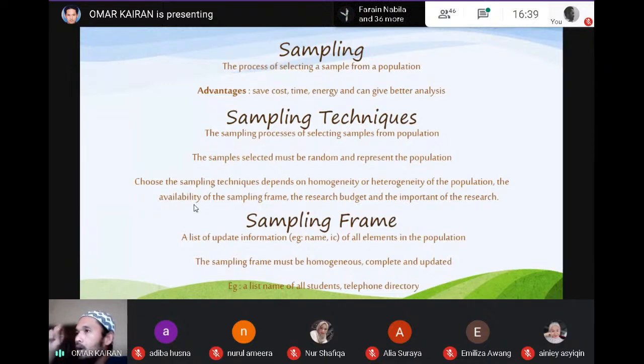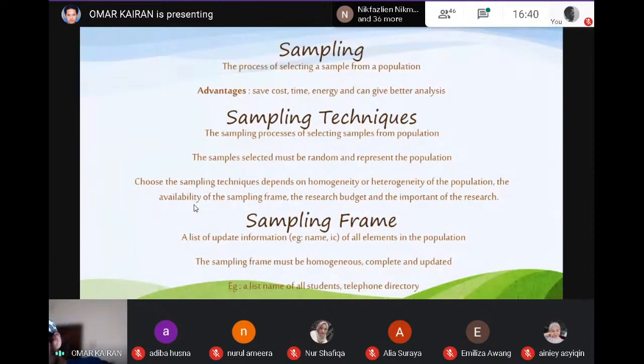All the students, for example, they are in the list, they have written their name, their ID. We have the information in the form of a list, so itu namanya sampling frame. So this is also a determinant of what kind of sampling technique is to be used.